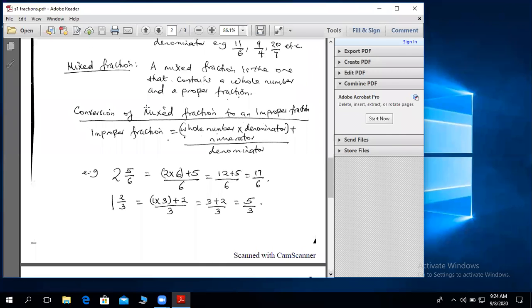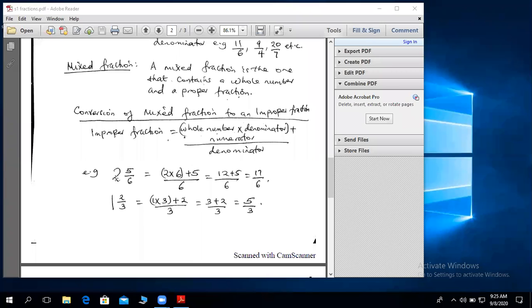So we were looking at how we can convert a mixed fraction to an improper fraction. For example, if we have 2 and 5 out of 6, we want to convert it. We are saying the formula: you get the whole number, you multiply it by the denominator, then you add the numerator, and the whole answer you divide by the denominator.